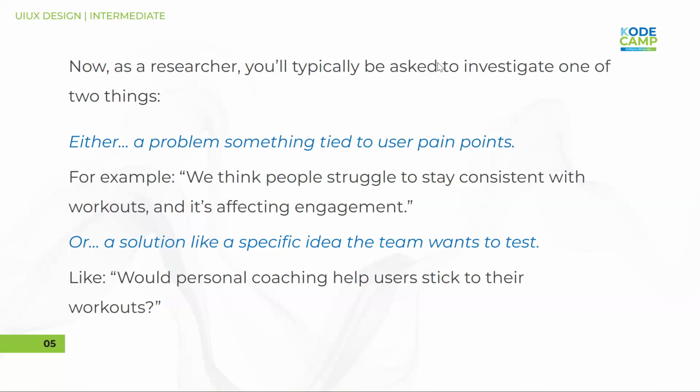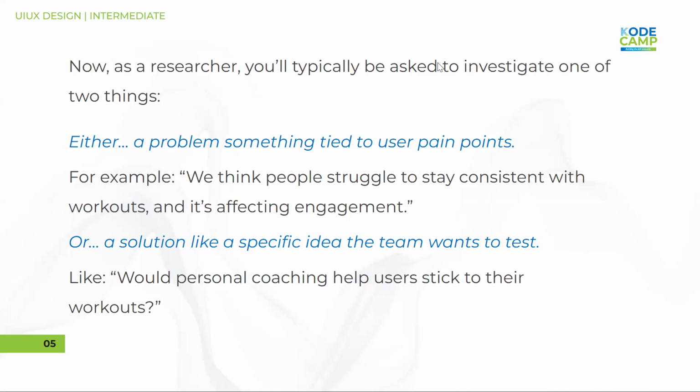All right. So now, as a researcher, you typically need to investigate one of two things. Either you are researching a problem statement, or you are researching a solution. A problem is something tied to a user pain point.